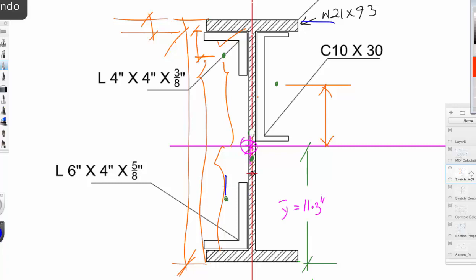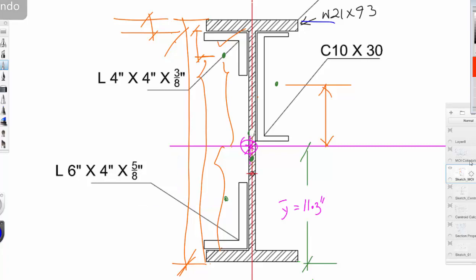And for y, the distance is from here to here. If you want to consider this in the minus it will be fine, but because you're going to be squaring this, the minus will have no value. And that will be straightforward. You'll have this distance minus this distance minus this thickness of the flange. So if we go to the sketch, we should be able to see these.